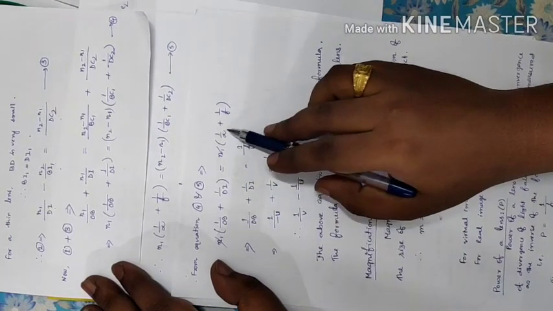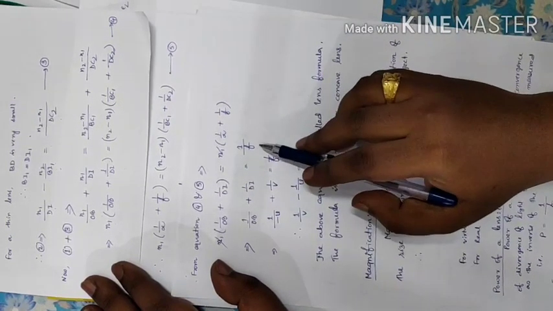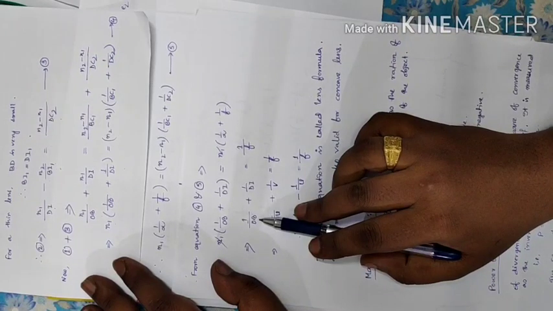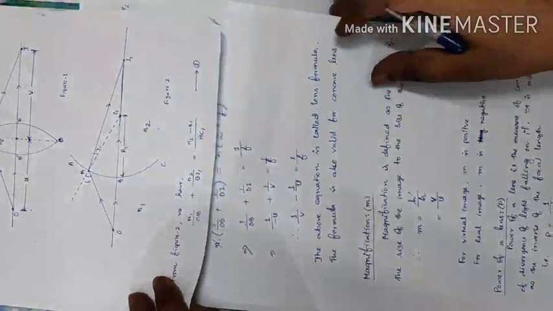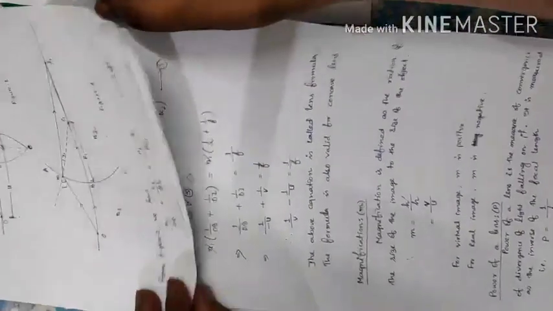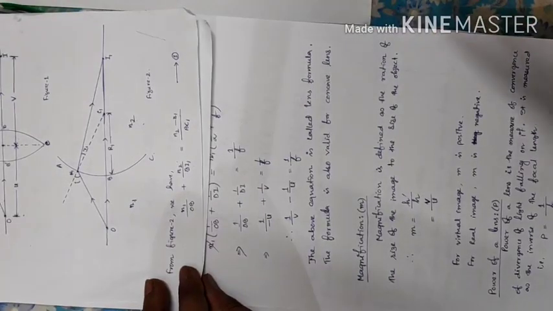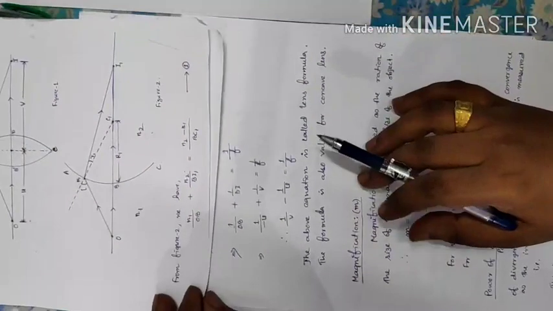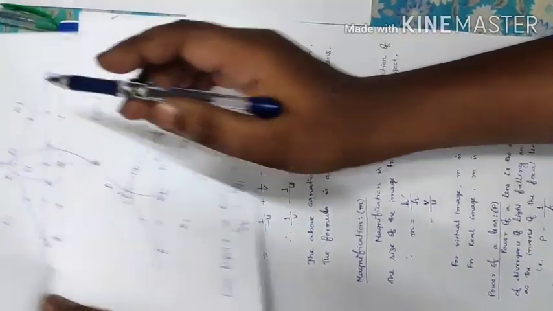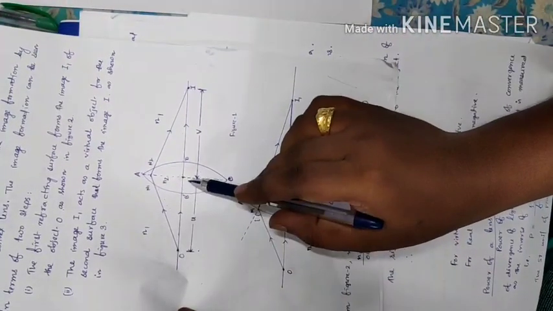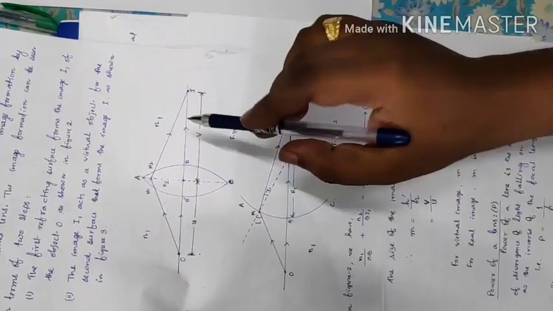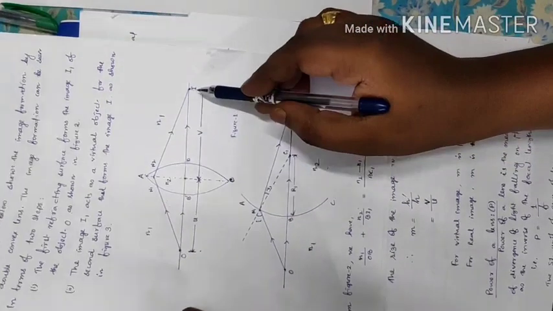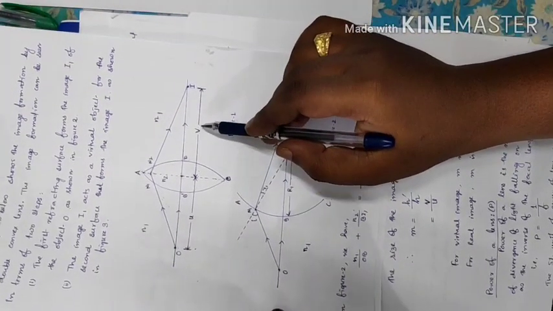1/ob plus 1/di is equal to 1/infinity, which is 0, so what remains is 1/f. Here ob is the object distance, u, so ob is minus u on the left side, and di, the image distance, will be plus v.